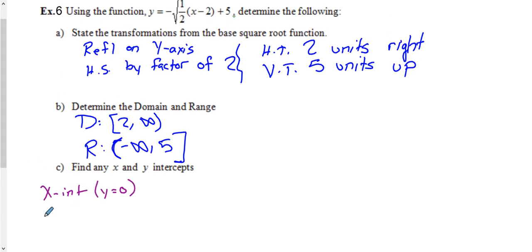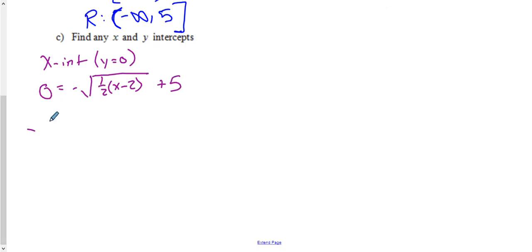So I'm going to rewrite this equation as 0 equals negative square root of 1/2 (x minus 2) plus 5. And I'm going to solve this one algebraically. So that's minus 5 on this side. I move that 5 over. Up next, I'm going to move this negative, technically it's a negative 1, to the other side there, so that's a positive 5 now.